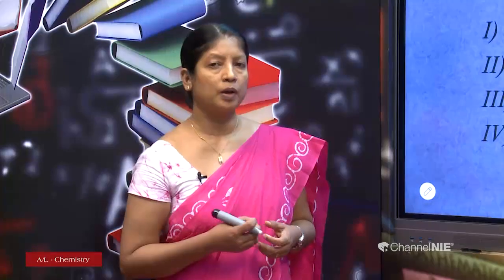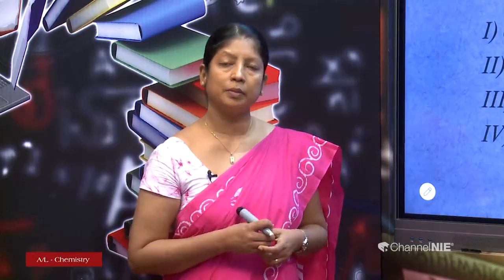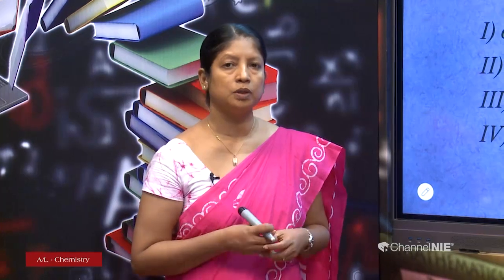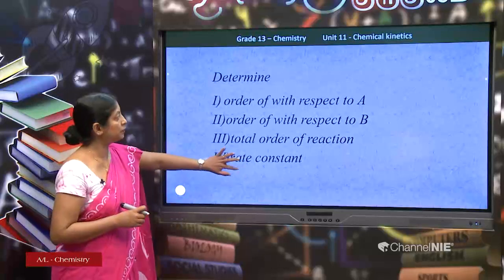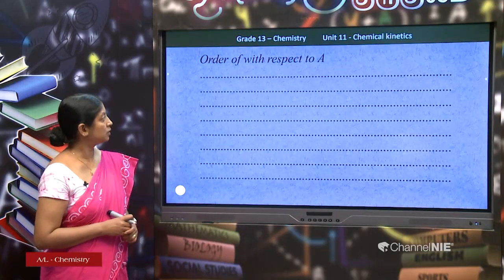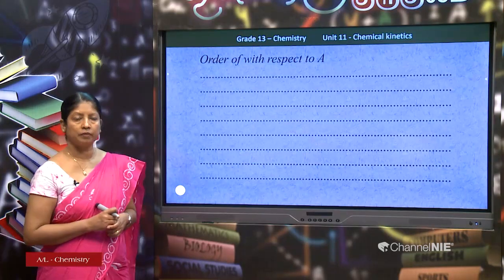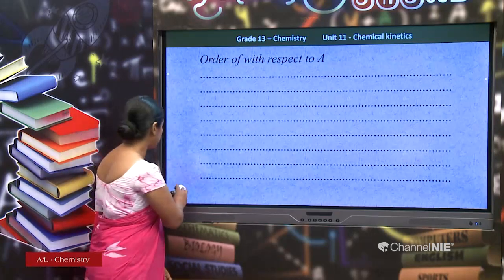Now, here you are provided with three experimental data. Let us see what experimental data you are supposed to use to find answers for these questions. The first one: we are going to find the order with respect to A. To do that, first of all we need to write the rate law expression. How do we write the rate law expression?